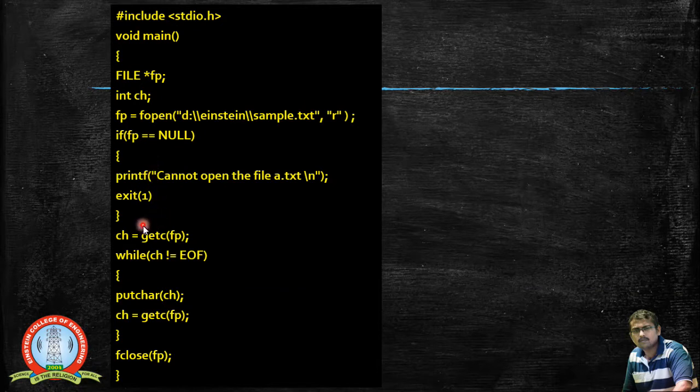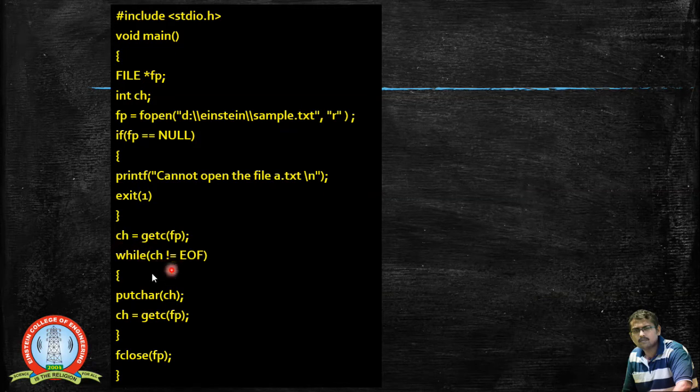If that is not the case, then I go on reading the contents inside the file. Using the getc function, I read the character where the file pointer FP is pointing. Initially, on opening, FP points towards the first character of the file, and it is stored in ch.